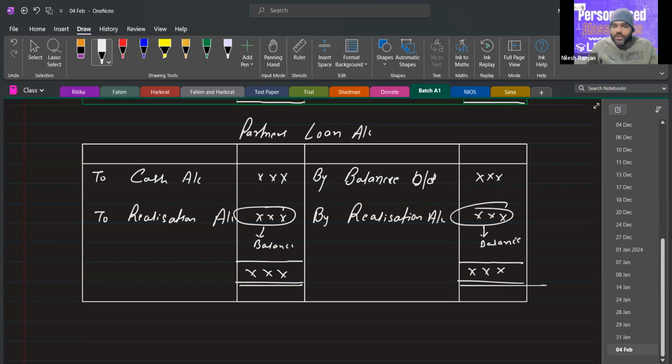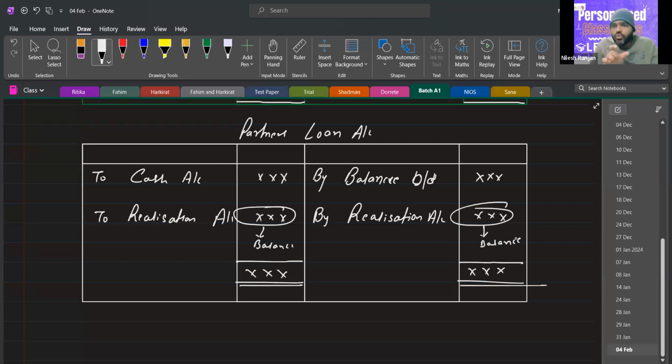In that case, you have to check your solution. The feature is that both sides of the cash account will be equal, because you can pay only an amount equal to the cash you have.